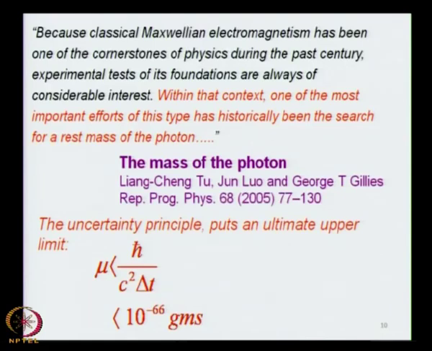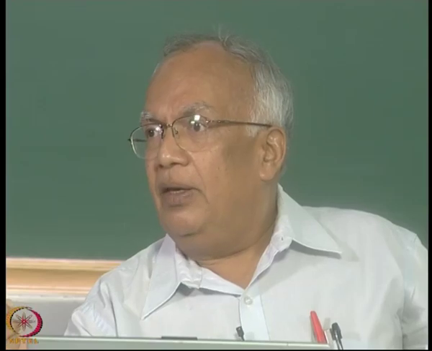So, now let us get an estimate on the mass of the photon, and if you consider simple uncertainty relationships, because the energy of the photon, which you could write as mc square, m being the mass of the photon, and time would provide you a pair of canonically conjugate variables.